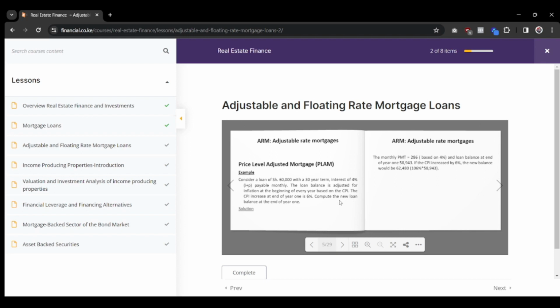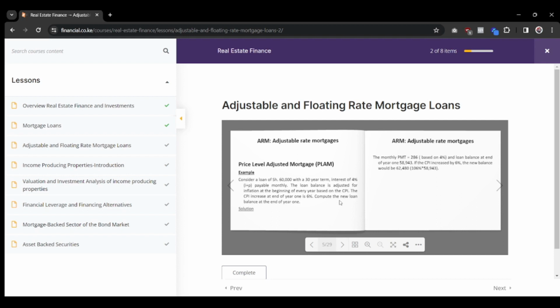So let's have a look at a practical example of the price level adjusted mortgage. Consider a loan of 60,000 Kenya shillings with a 30-year term. The interest is 4%, and this is the interest inclusive of the risk premium, payable monthly.